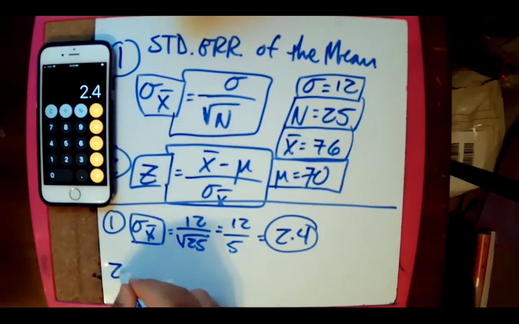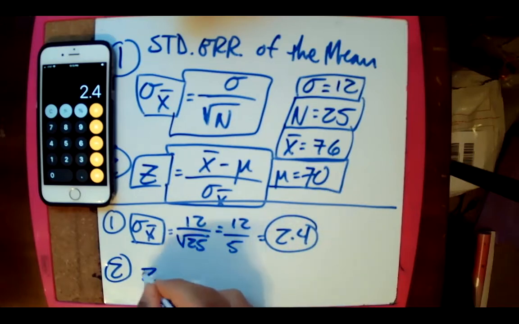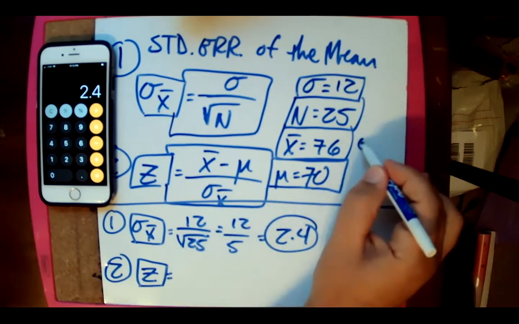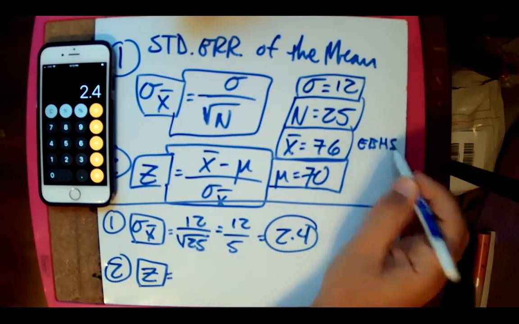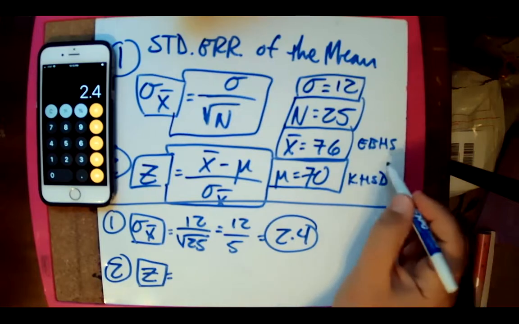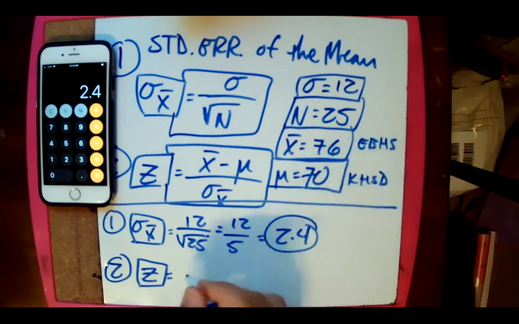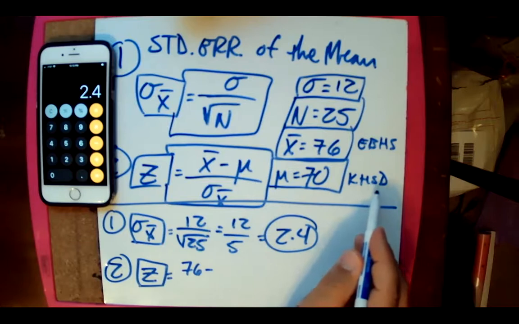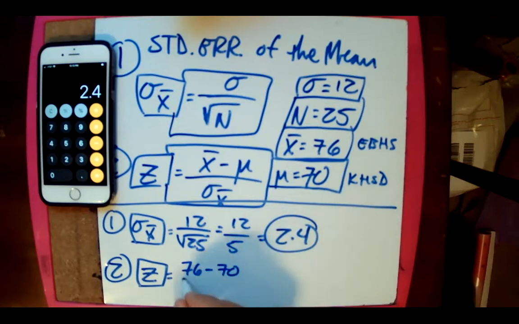Okay, now step 2, since we have this info, we can plug it in. So for step 2, we're going to solve for z for East High, right? So let's say here's the score for East High, and this is for the entire district, right? So we're going to take that East High score of 76, and then we're going to subtract the entire district score of 70, like that.